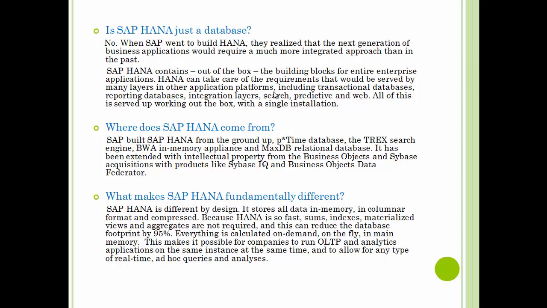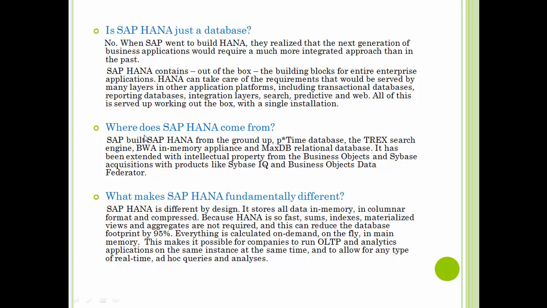In traditional platforms there were many layers, but in HANA there are only a few layers which can still take up this load. It can act as transactional databases, reporting databases, integration layers, search, predictive, and web. All these functionalities are possible with SAP HANA, all working out of the box with a single installation called SAP HANA.